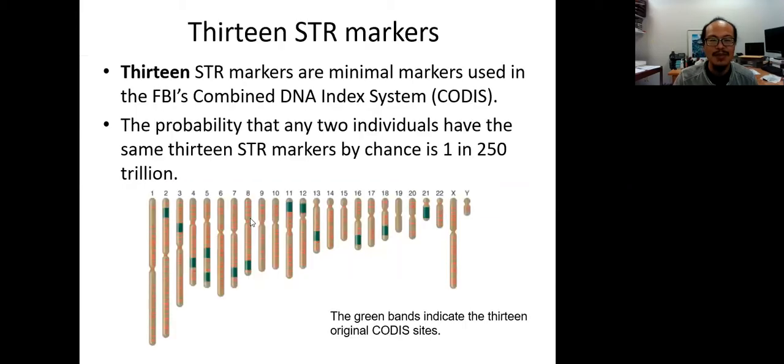Let's see this one here. Now we have identified 13 regions. These 13 regions contain STR, short tandem repeats. Let's just give an example. Your mom and your dad have 2 repeats for every repeat, and you will have similarly 2 repeats in every repeat.